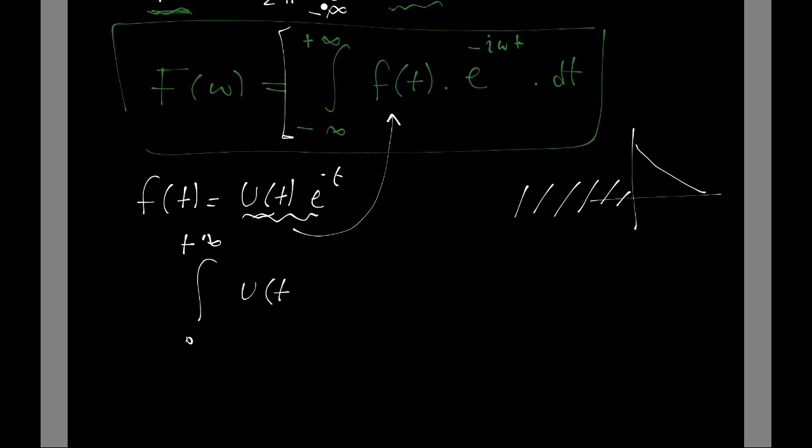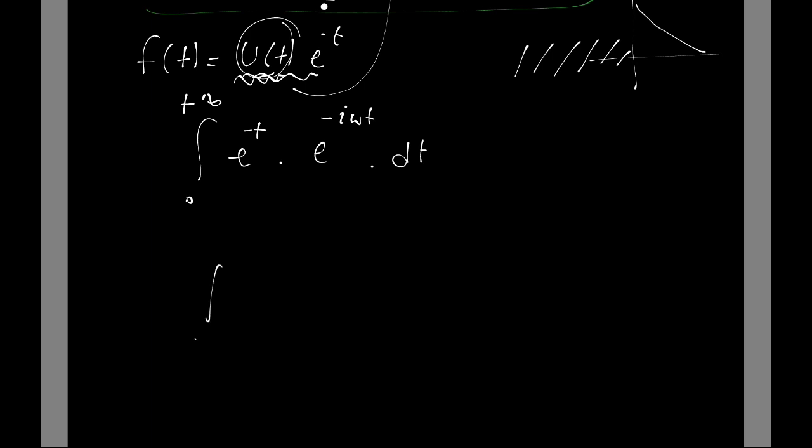I'm sorry, because we already utilized the step function by changing the interval of integration, what is left is e to the power minus t and e to the minus i omega t dt.